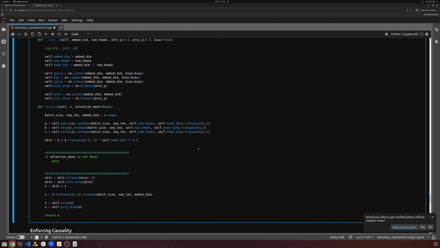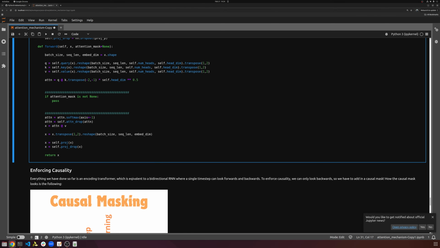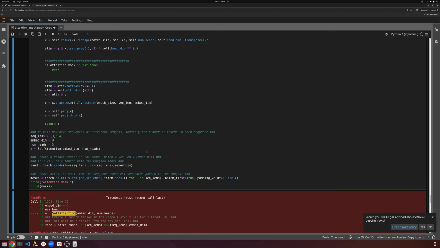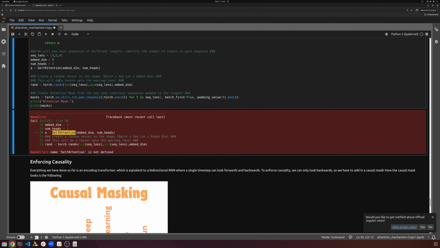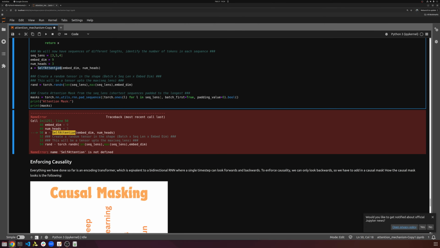And actually, it would probably be helpful to have some dummy tensors that we can pass through. So I'm going to create some data, like this. Let's call this self-attention.